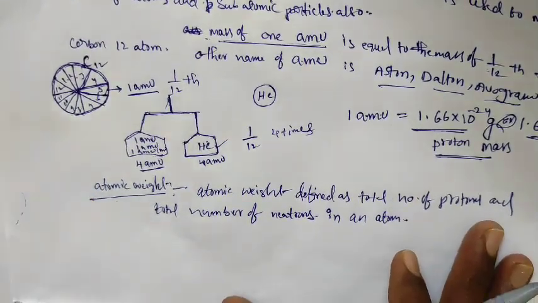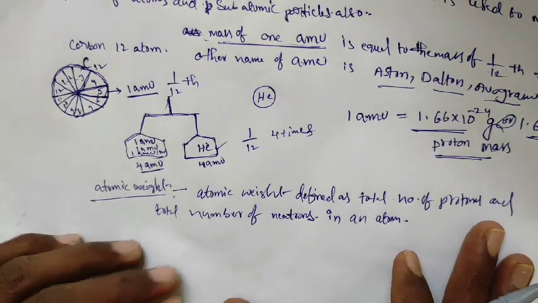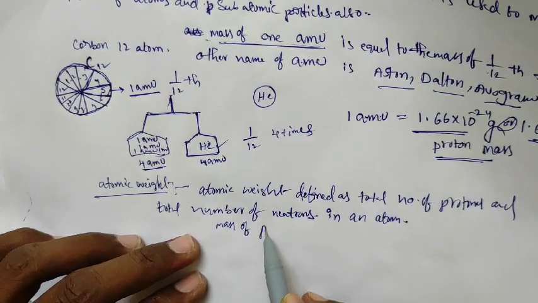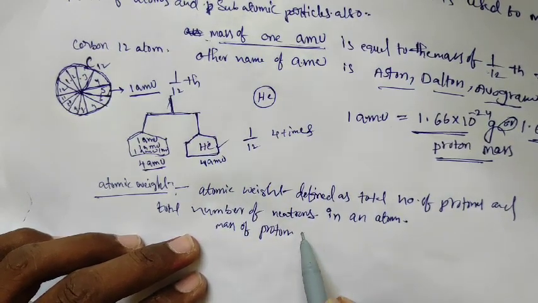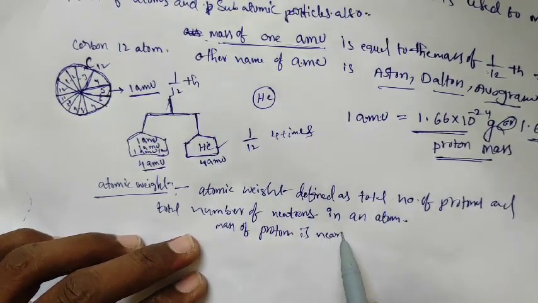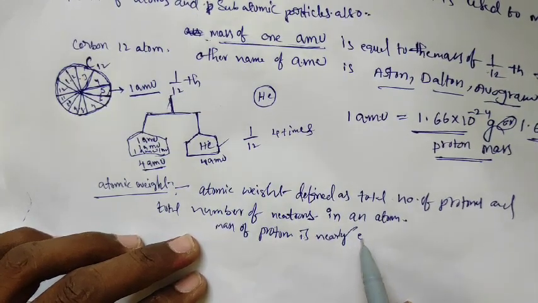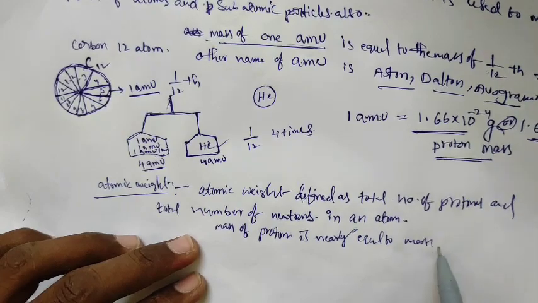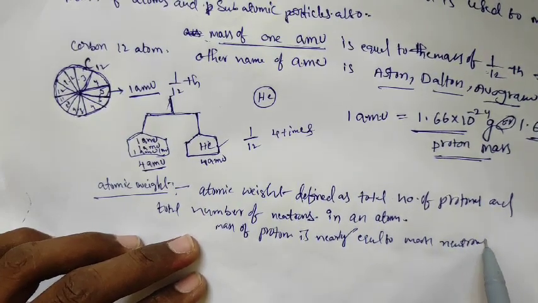The mass of a proton is nearly equal to the mass of a neutron.